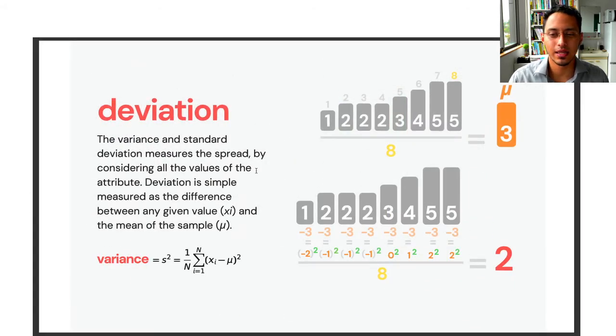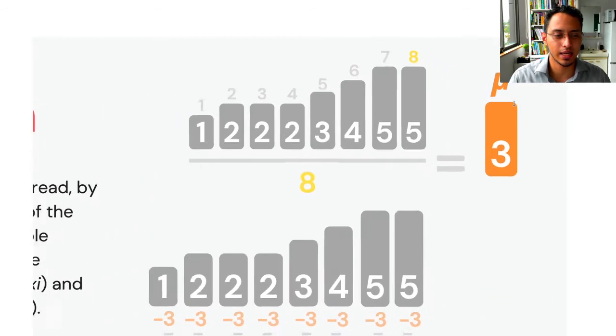And next is deviation. The variance and standard deviation measure the spread by considering all the values of the attributes. Deviation is a simple measure: the difference between any given value and the mean of the sample. To calculate variance, let me explain a bit.